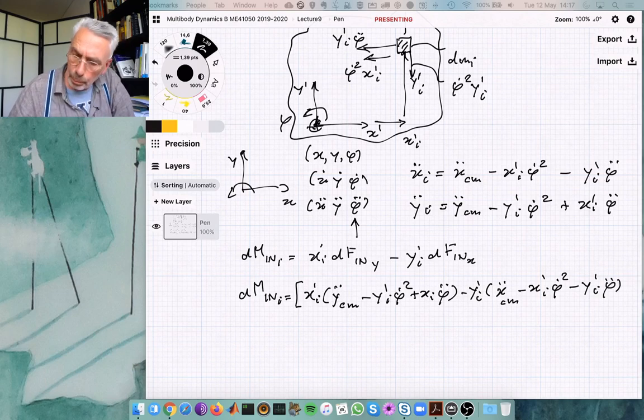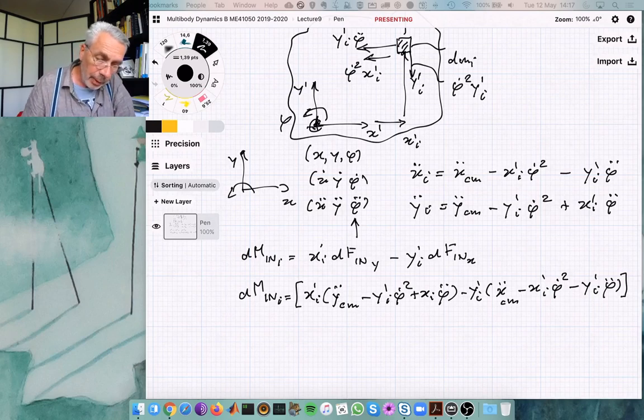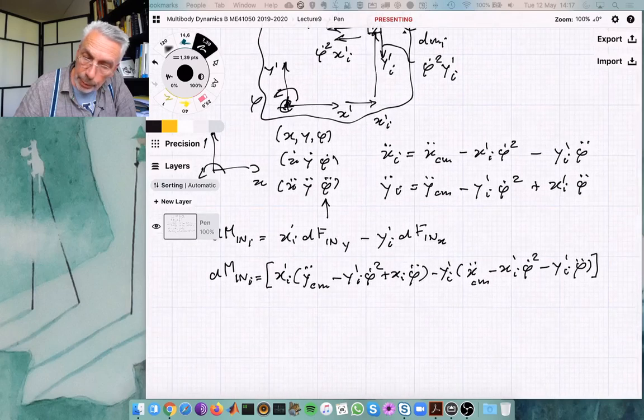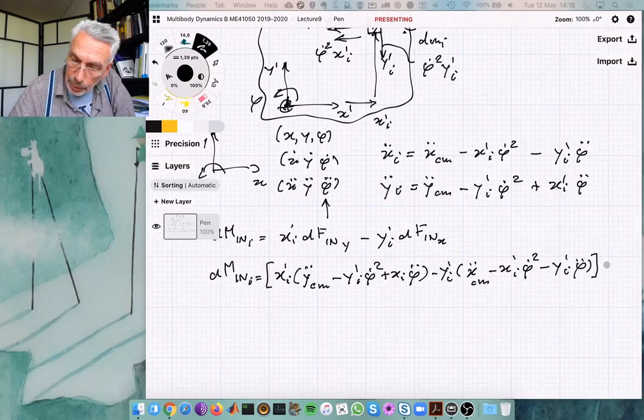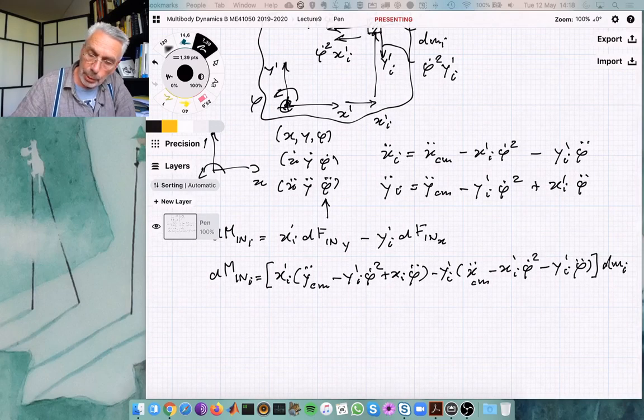I tend to forget some primes now and then, but in the book everything is clear. Okay, and then times dm i, of course: mass times acceleration times distance is torque.